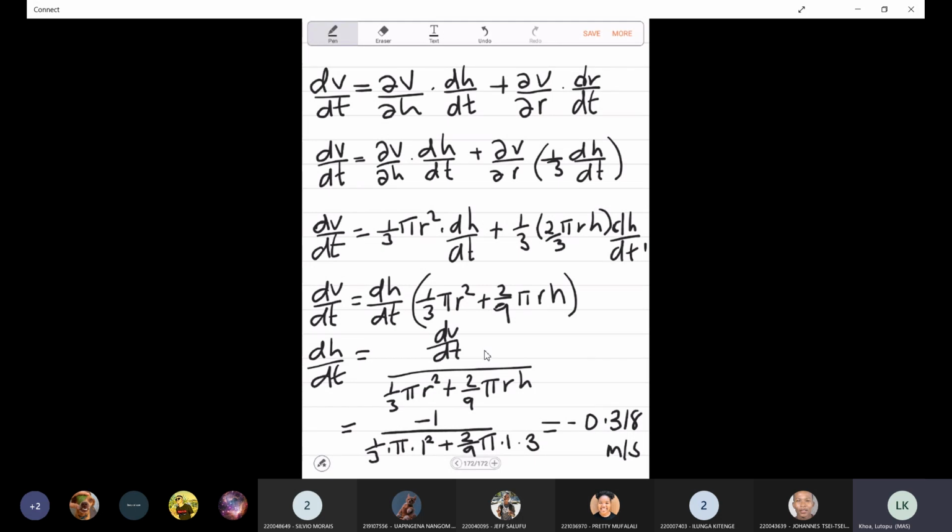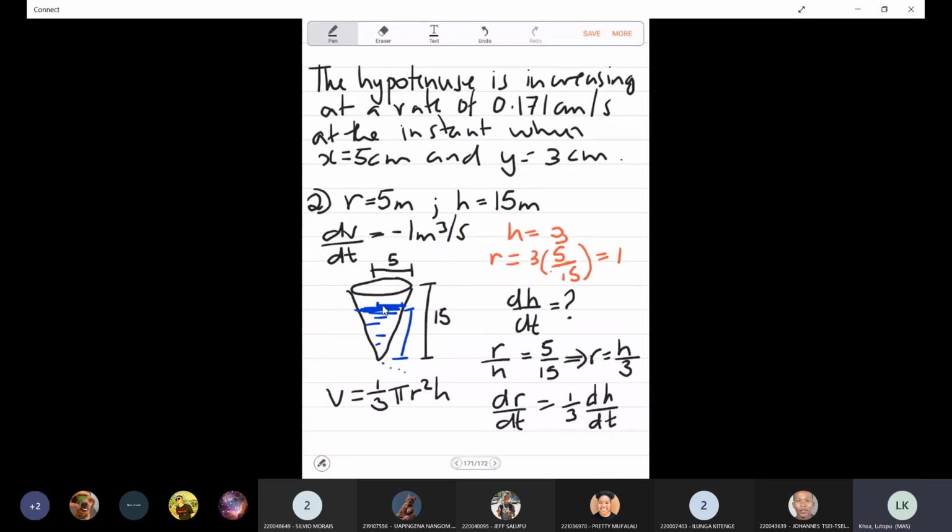Okay, so lots of calculations, very easy to make a mistake. And you can see that if you make a mistake somewhere, it affects everything that goes down. So the reason why it's negative, like I said, is because it is decreasing. And again, that makes sense. If the volume of the water is going down, obviously the height over here in blue is also going down.